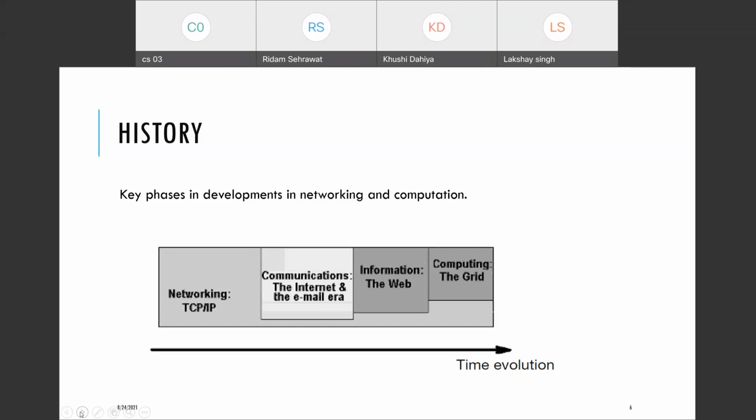Initially we have the basic networks. Then from that basic network, we understood that we have multiple devices, so how should the data be transferred? With enhancement and improvement, we arrived at the TCP/IP protocol. After that we tried to communicate.